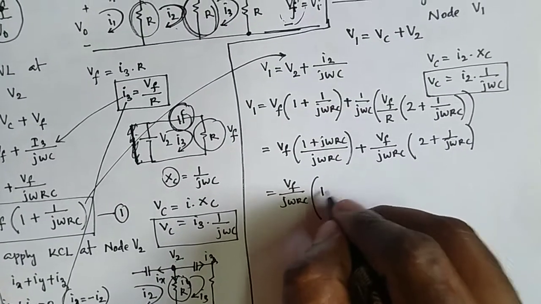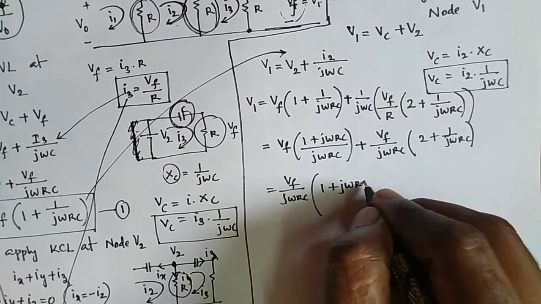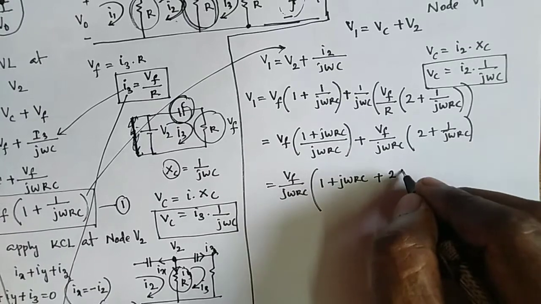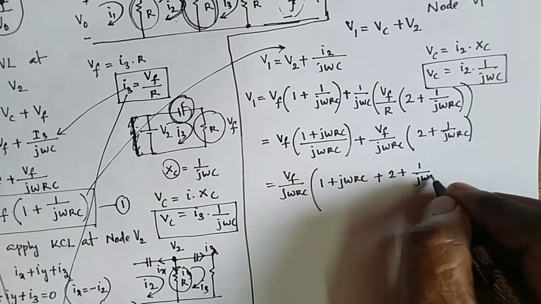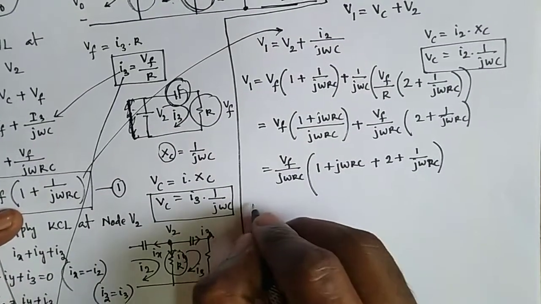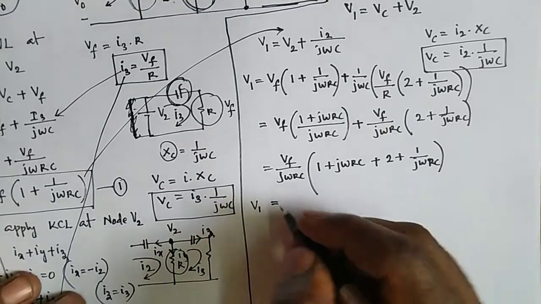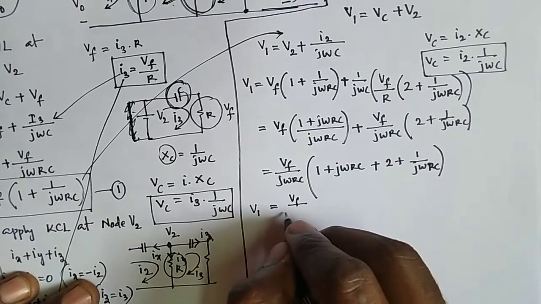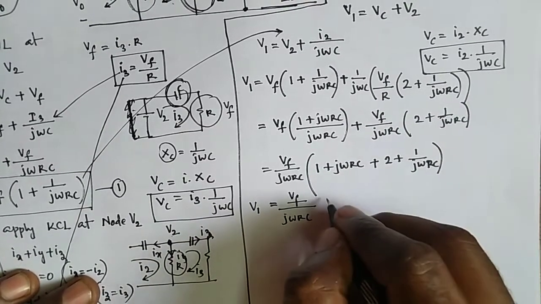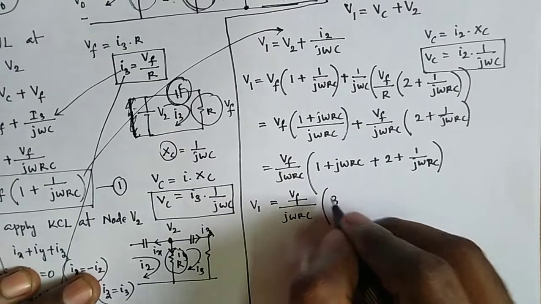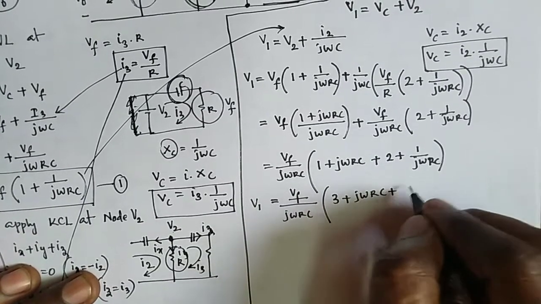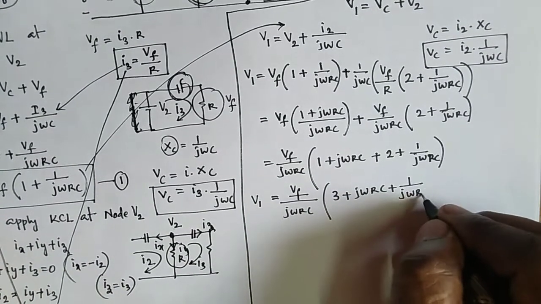Finally you will get 1 plus j omega RC, where j omega RC is common, and the remaining value is 2 plus 1 by j omega RC. Based on this, the final value V1 is equal to Vf by j omega RC into 1 plus 2, that is 3 plus j omega RC, by 1 plus j omega RC.